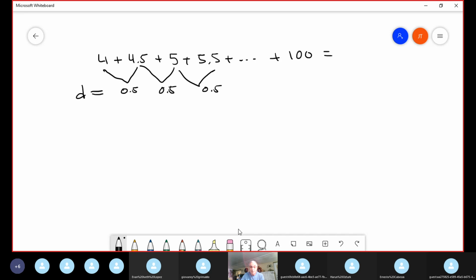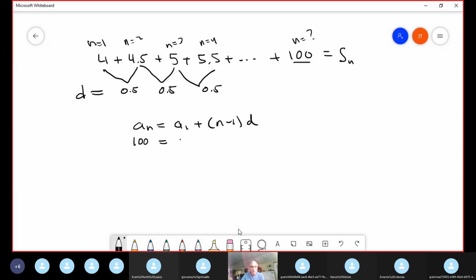So I need to find n, because remember the formula for the summation. I have no idea what n is, because I know that n is 1 here, n is 2, n is 3, n is 4, but I don't know what n is here. So one more time, I apply the A sub n explicit formula. This is 100, the last one.